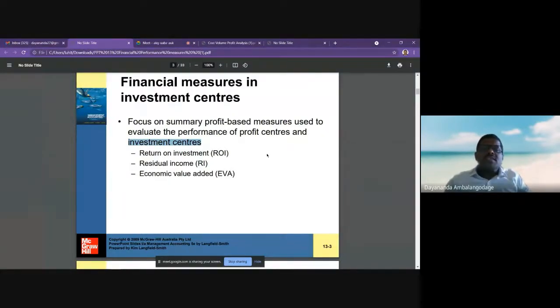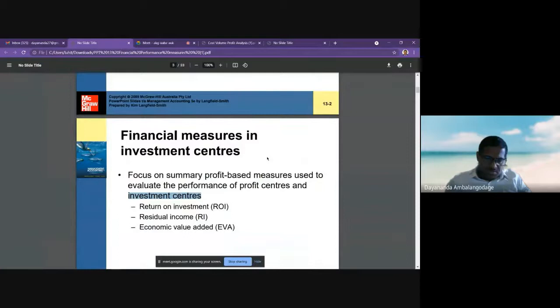When you have this kind of performance measurement, that is responsibility center based performance measurement. Here you are accountable for profit. Here you are accountable for profit and the investment both. Accountability has been established in terms of creating profit centers and investment centers.